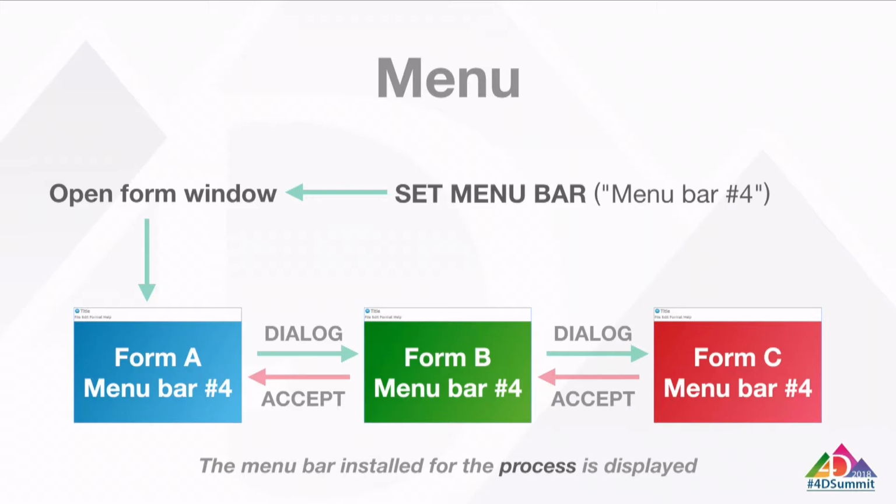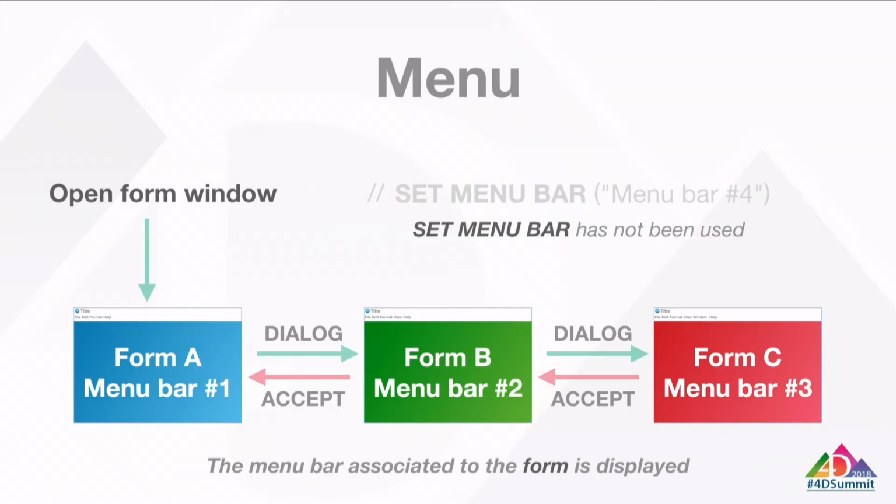Now the second option is to not use Set menu bar, so you didn't install a menu bar for your process. In this case, the menu bar you associated to the form in the property list, in the form editor, will be displayed automatically for the form. Different forms can have different menu bars associated in the property list.